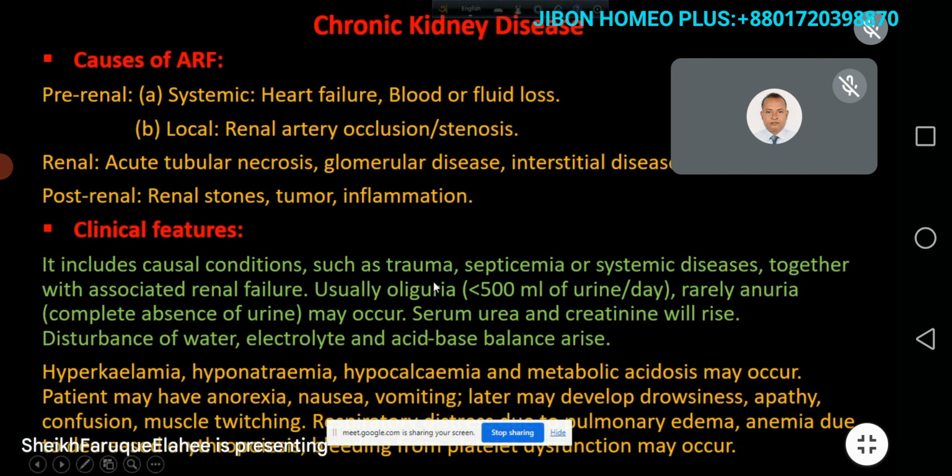It includes the causal condition, and then there will be oliguria. You find the patient passes very little urine. If he passes less than 500 ml of urine per day, less than half a liter, we say this is oliguria. And if he says, I never passed urine in the last 24 hours, this is called anuria, that is no urine.